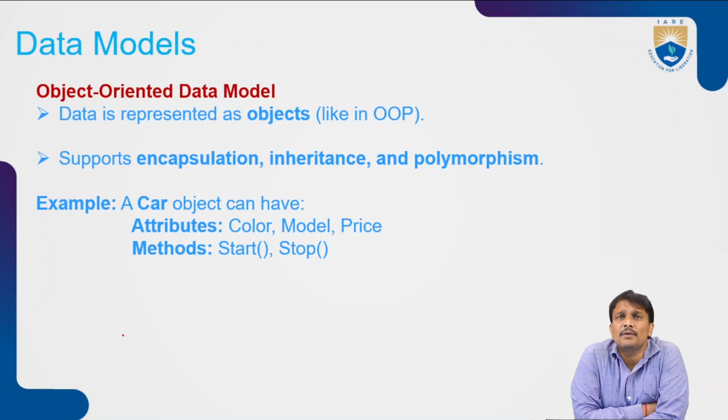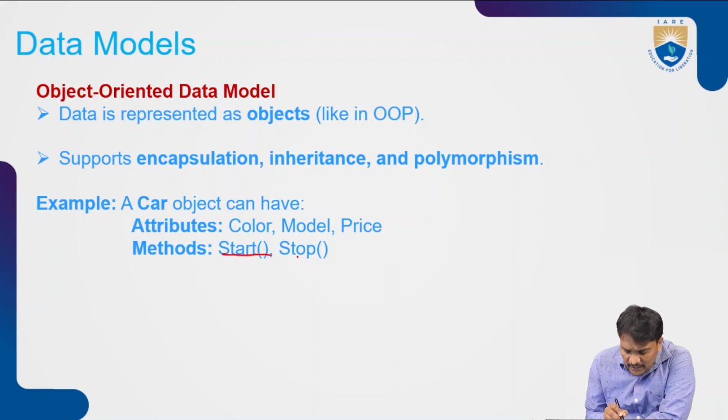When you see the example, a car is one object which has some attributes like color, model, price. And the methods are start and stop.